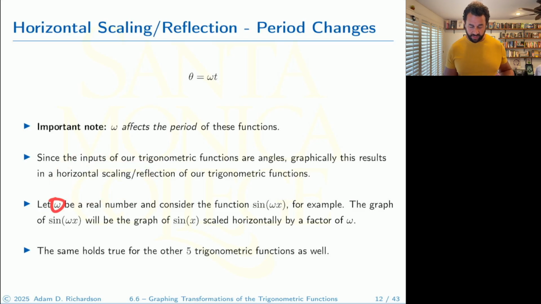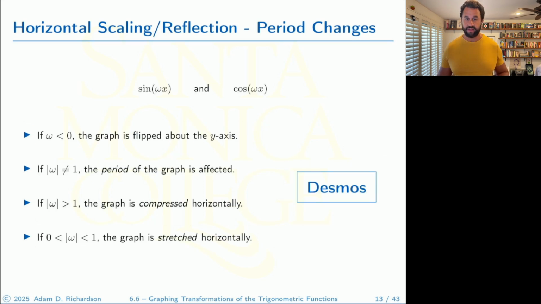So if omega is a real number and we think about sine of omega x, that's going to affect the horizontal behavior of that graph. This actually holds true for the other 5 trig functions, not just sine. So let's take a look at that in this case. If omega is negative, you're going to get a horizontal reflection. If the size of omega is greater than 1, you get a compression, going really, really fast.